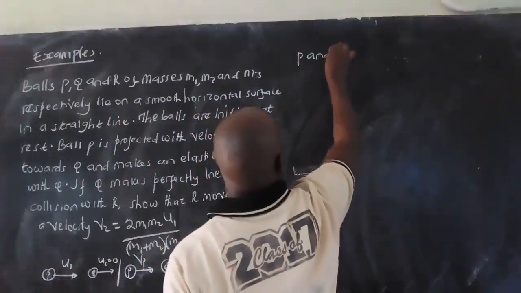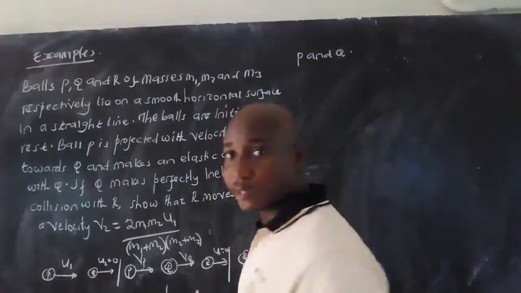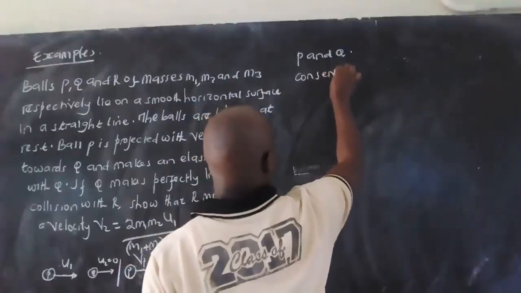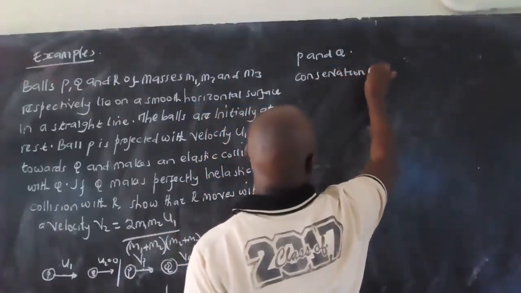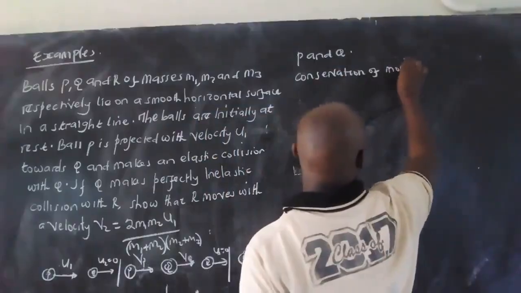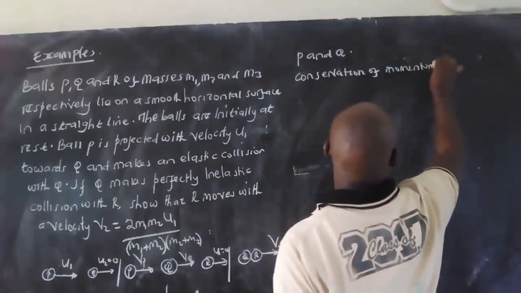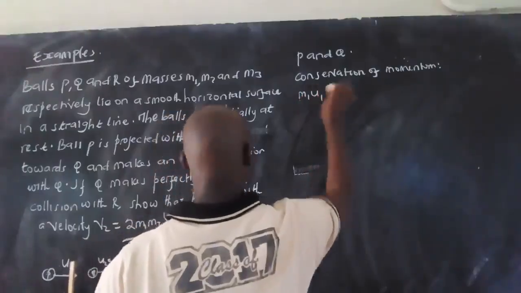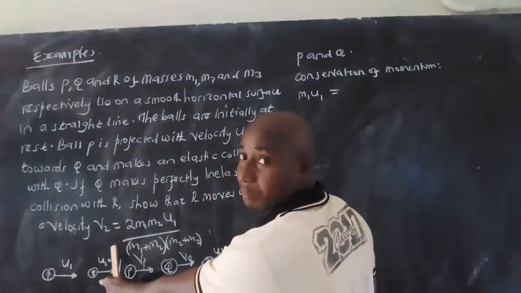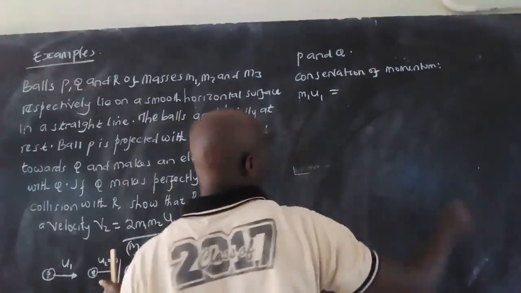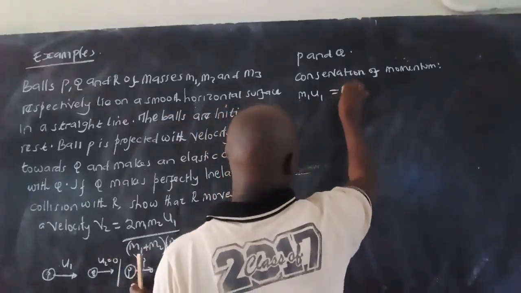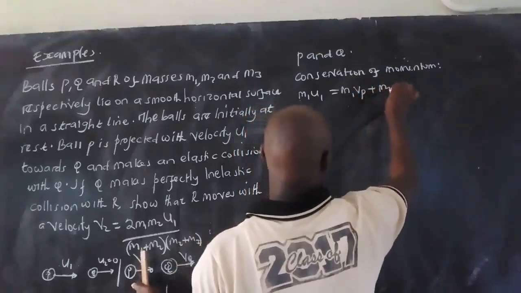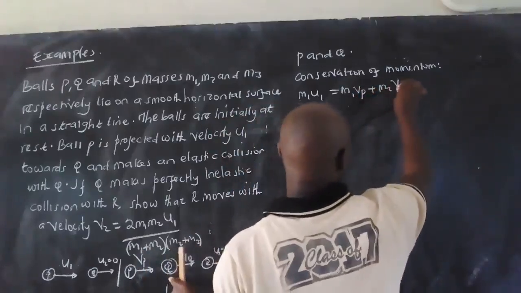P and Q, that's the elastic collision, so conservation of momentum. We shall have M1 U1. Now this one has no momentum because it was initially at rest. So this will be M1 Vp plus M2 Vq.